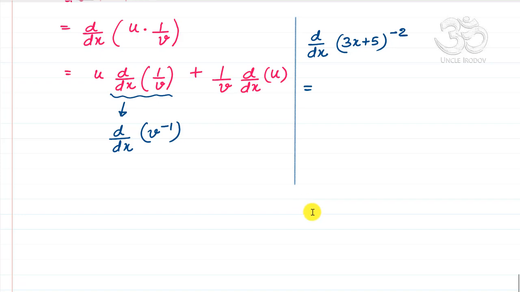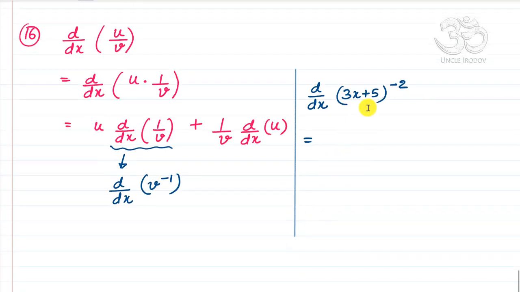So first you make the connection that this is something raised to the power minus 2. If you try to find out the derivative, what should it give you? So you ask yourself the question, what does d by dx of x raised to the power minus 2 give you?